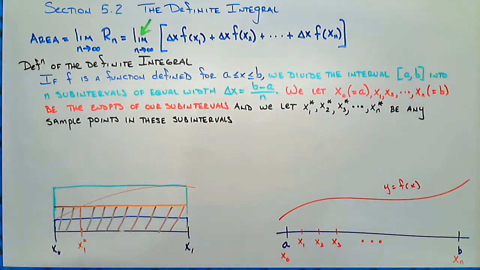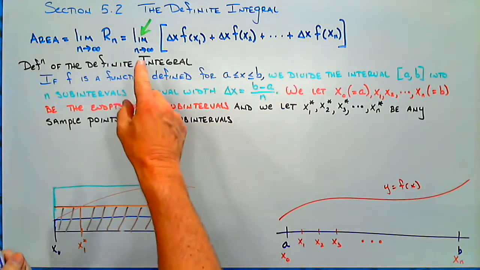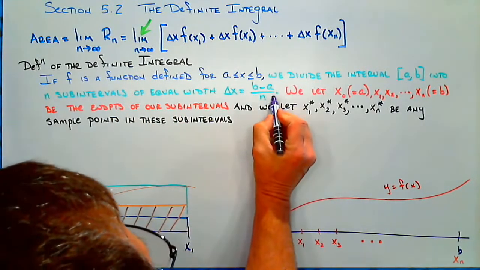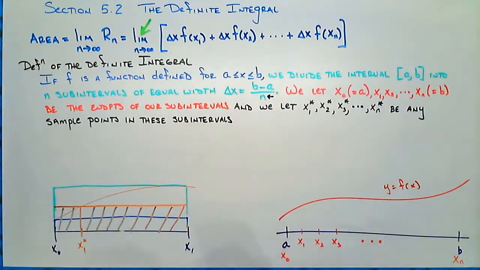The truth is, our sketch really doesn't even look like this. As the number of rectangles grows without bound, this width, if we look right here, as n gets bigger and bigger and bigger, our width gets smaller and smaller and smaller.